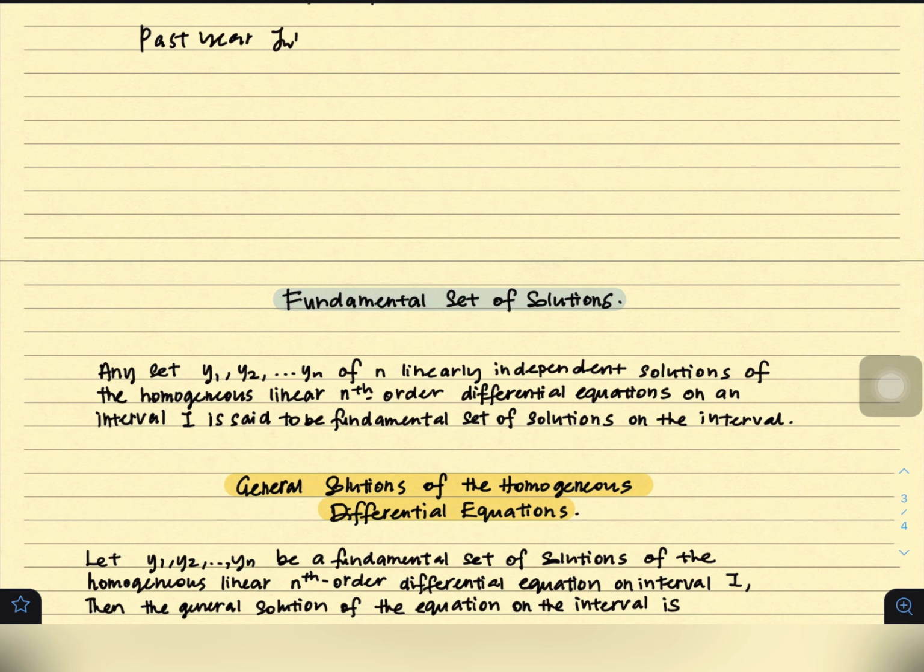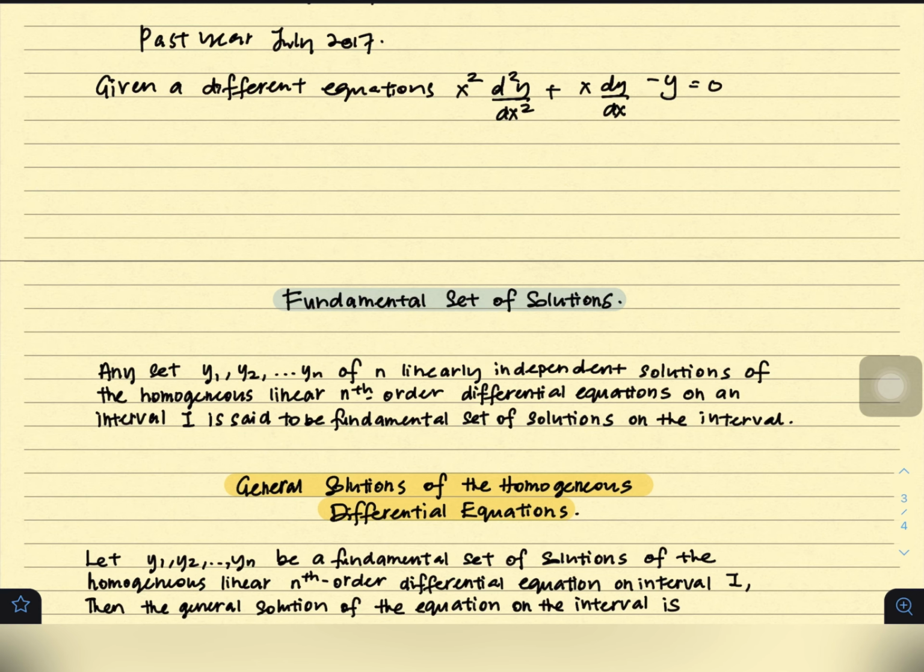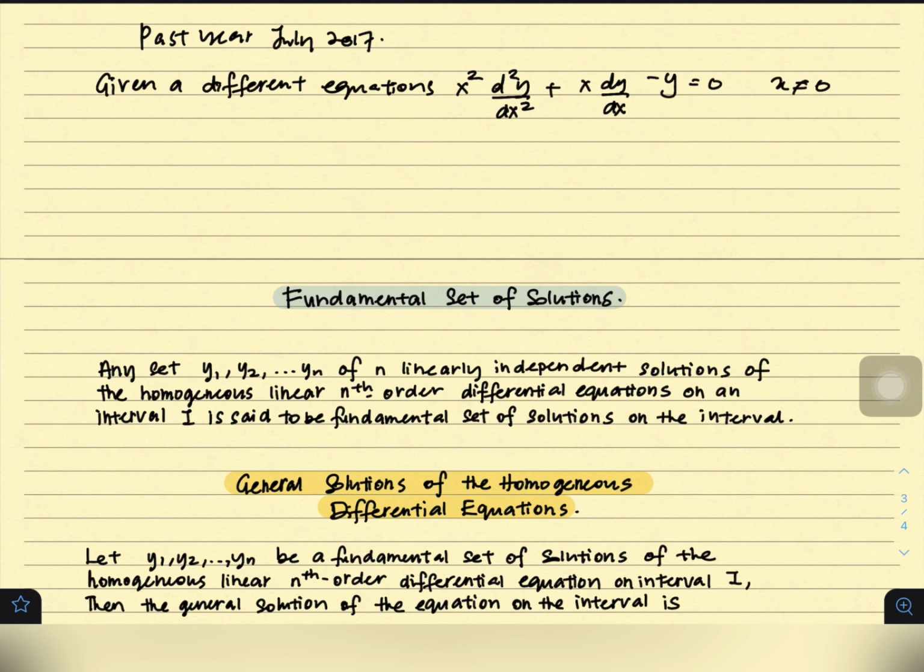The question is: given a differential equation x squared d squared y over dx squared plus x dy over dx minus y equal to 0, where x is not equal to 0.